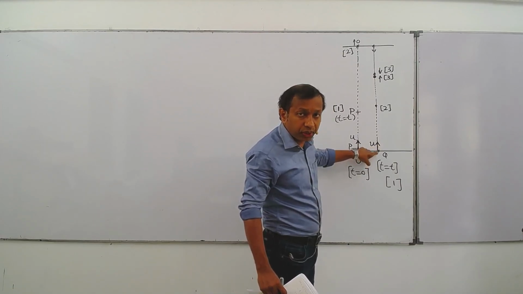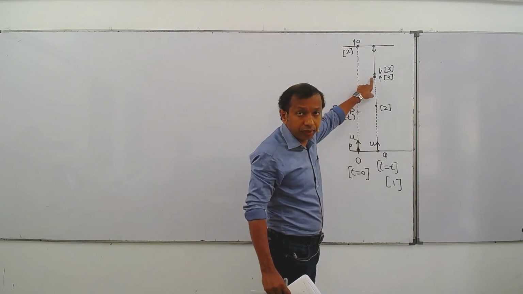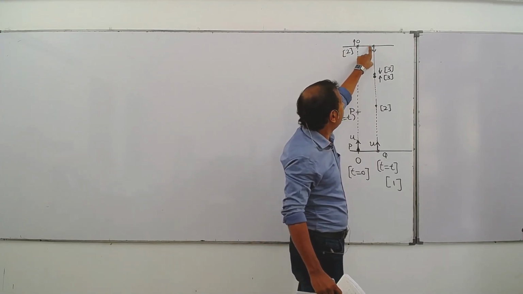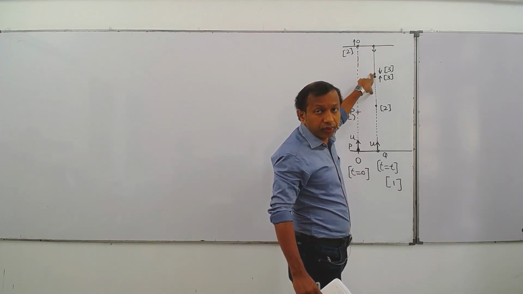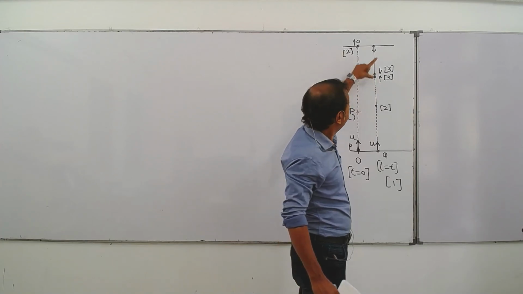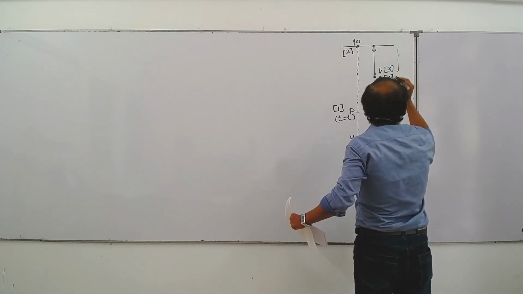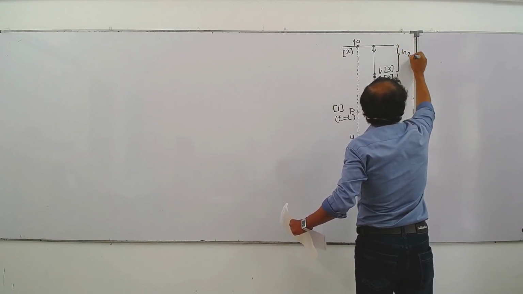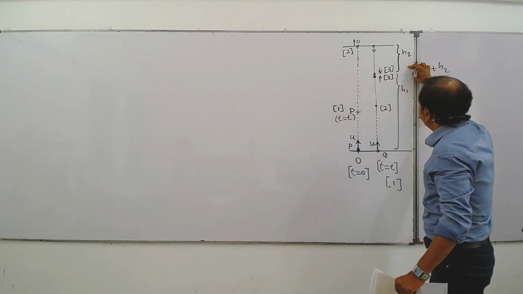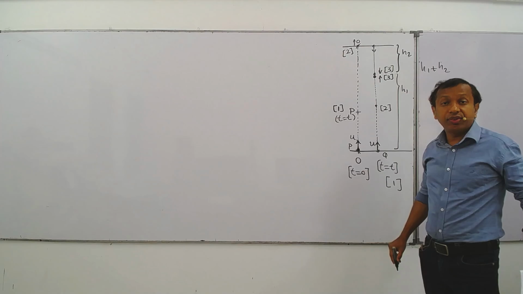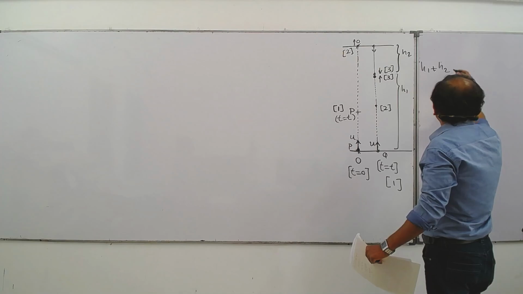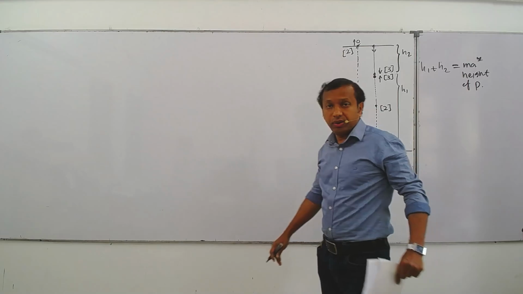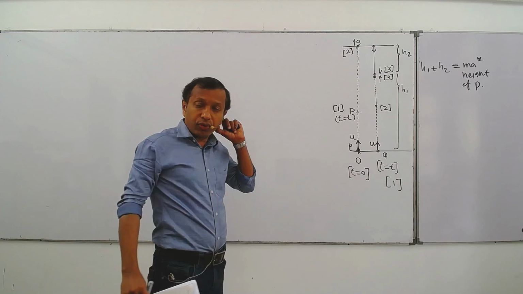The height ascended by Q just before P and Q meet, and the height descended by particle P from the maximum height, this height and this height, if I take H1 and H2 like this, this H1 plus H2 is equal to the maximum height ascended by particle P. You can see that by this diagram. Understood?